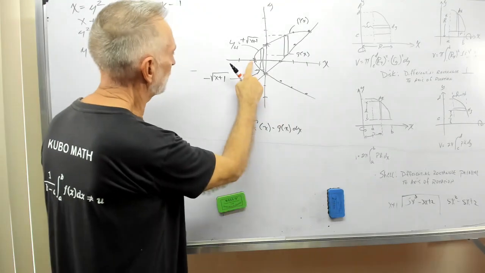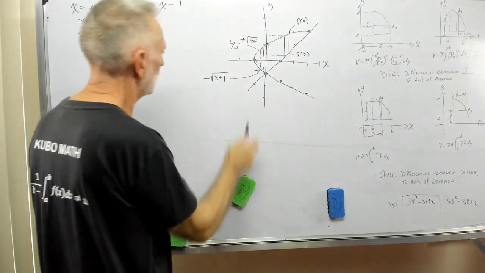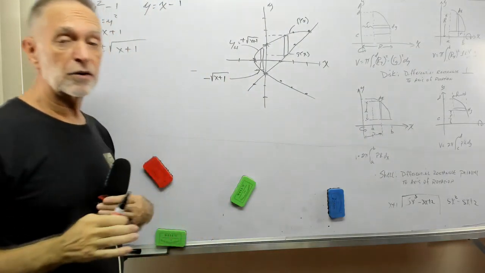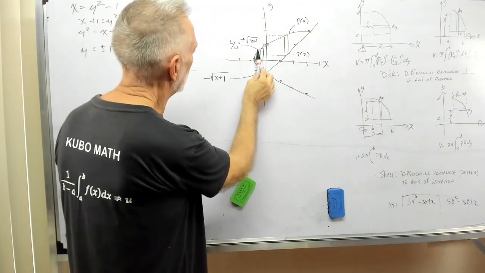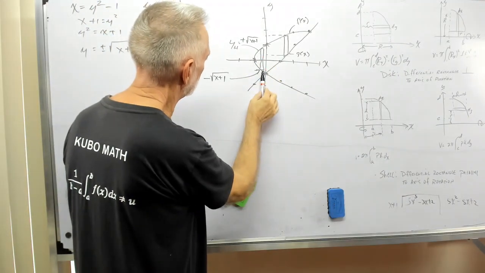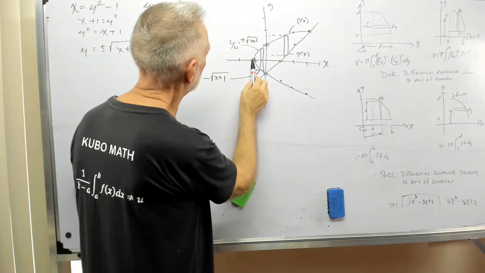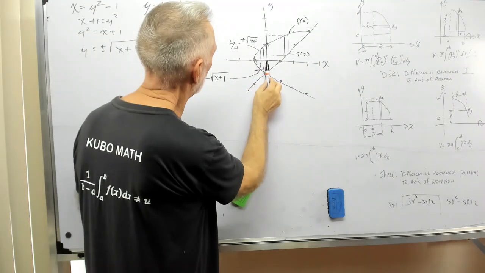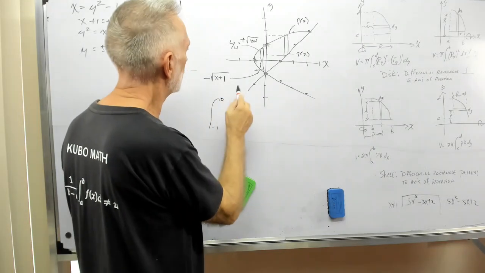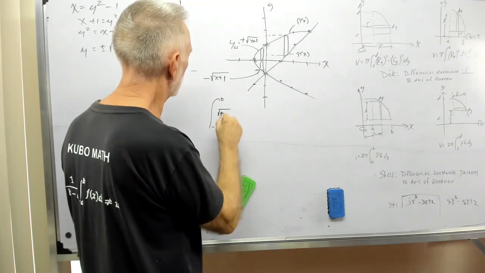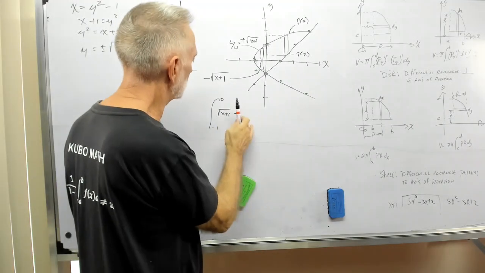And this would be from this integral. Actually, we'll just set it up. If I want to integrate on x, I have to look at this f of x minus this g of x from x equals -1 to 0. So -1 to 0 of square root x plus 1 minus what?